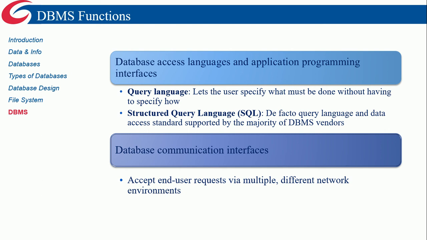Here's the beauty of SQL. Oracle uses SQL, Microsoft uses SQL, Azure uses SQL, MySQL, Postgre, all these different database engines, they all use SQL. So if I'm an application developer, if I know SQL, then I know the language to work with just about any major database engine out there in the market.